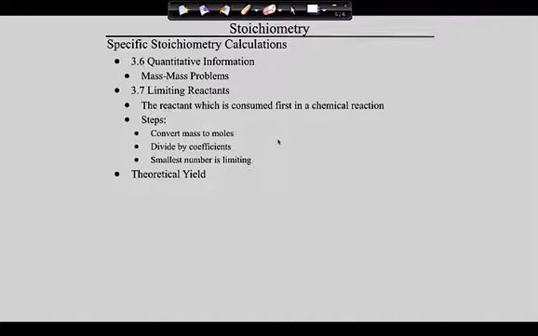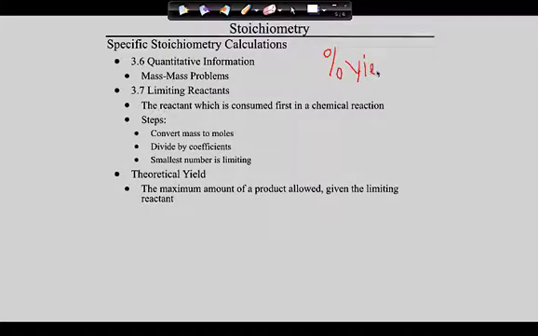The amount of product that you can make, given your limiting reactant, is what's called your theoretical yield. And so a theoretical yield is the maximum amount of product that you can make given the limiting reactant. And then you may remember from there we calculated percent yields. And if you don't remember, percent yield was equal to your actual yield divided by your theoretical yield times 100.